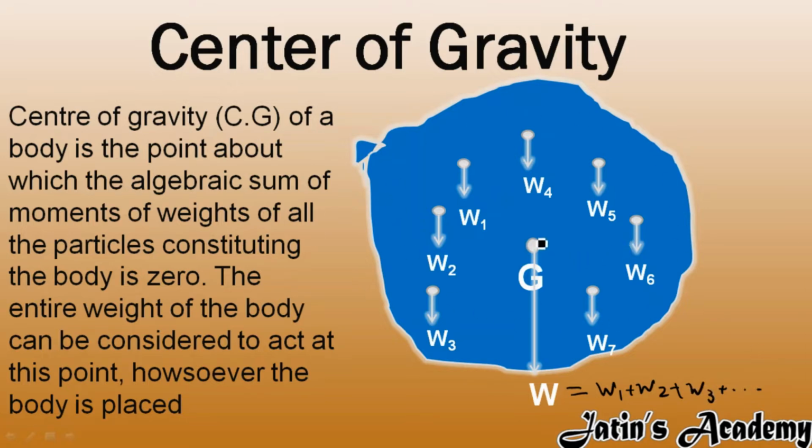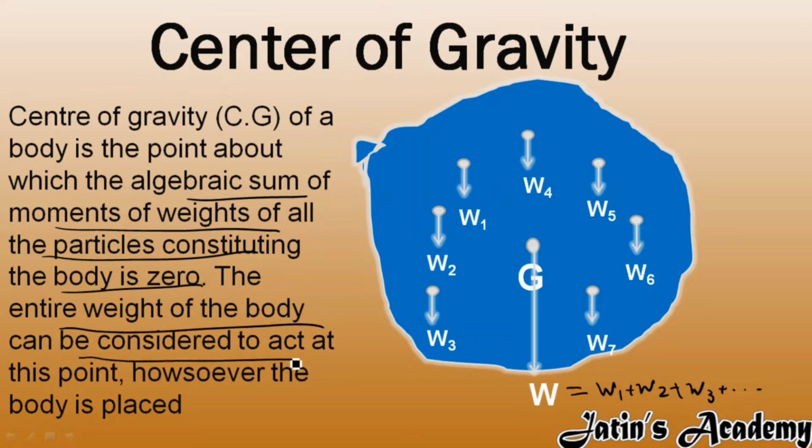So two things we have seen: first, the algebraic sum of moments of weight of all the particles constituting the body is 0. And second, the entire weight of the body can be considered to act at this point. These two ideas together form the definition of center of gravity.